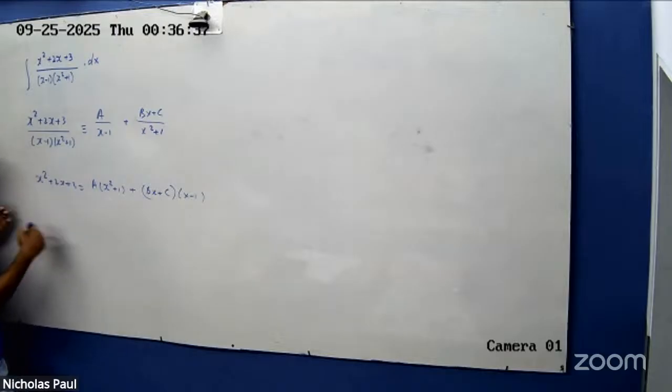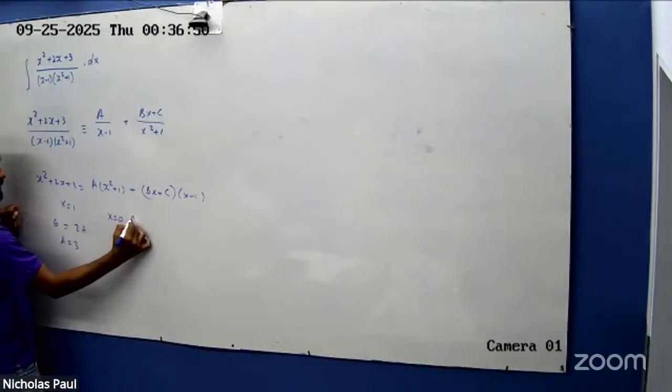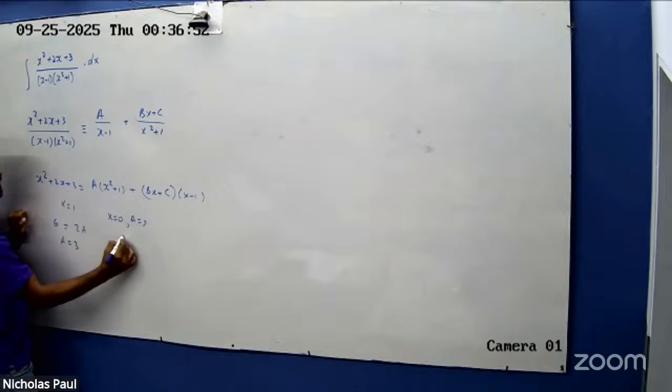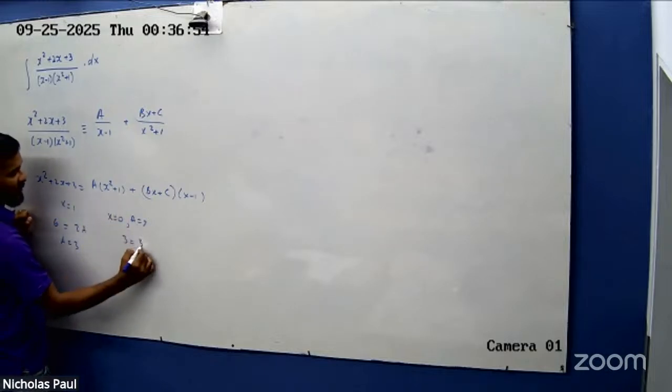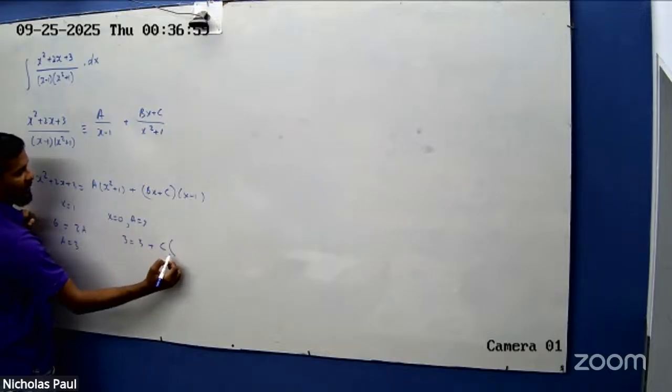Just for variation, I'm going to plug in x is 1. You'll get 1, 2, 3, 4, 5, 6. Here you will get 3. So I got A to be 3. I'll plug in x is 0 and A is 3. So I'll get 3 is equal to 3, this is 0, C by minus 1.